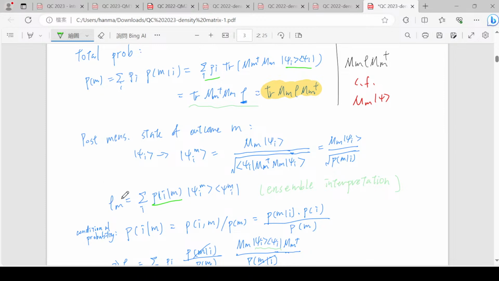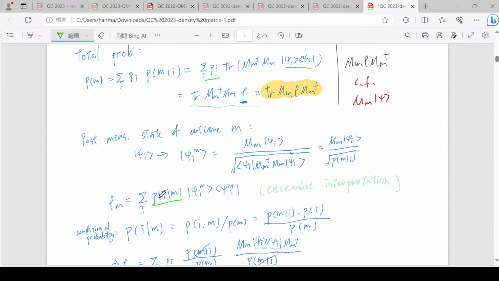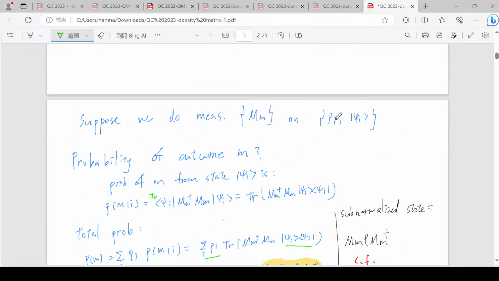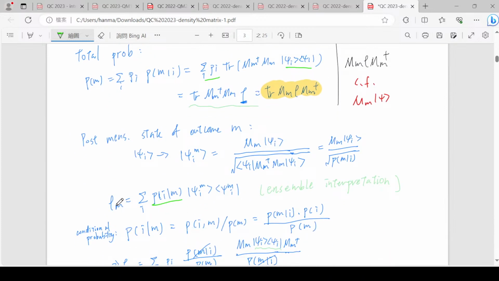Because you know your outcome is m, but every psi_i can have different probability of giving you outcome m. So when you do measurement, some psi_i is easier to get the m outcome, and some other psi_j maybe has a lower probability to get that outcome. So this summation of p_i should be changed to a summation of p_i conditioned on the outcome being m. Okay.